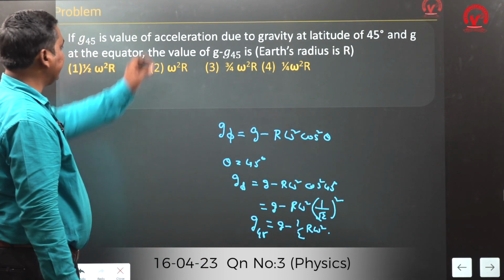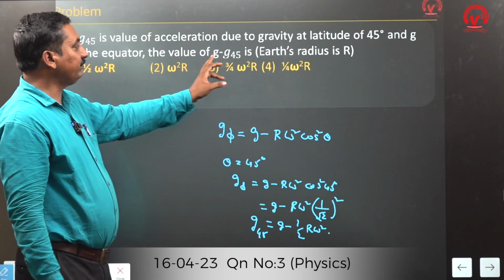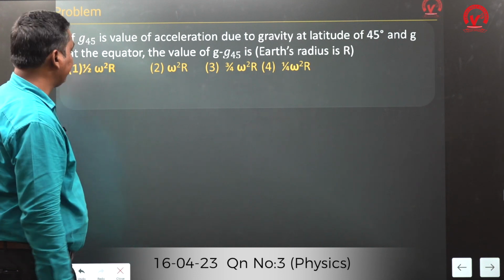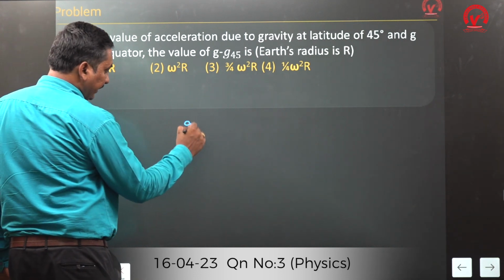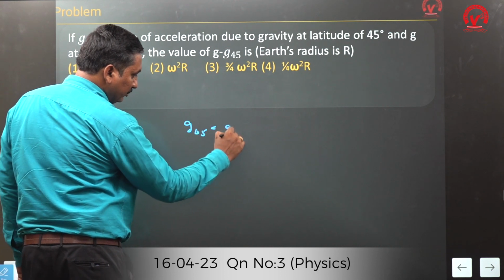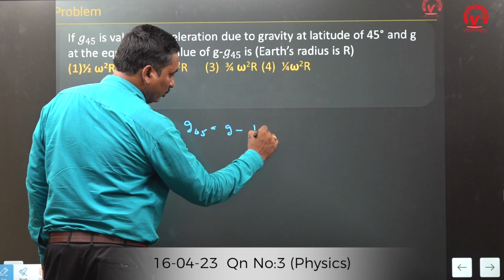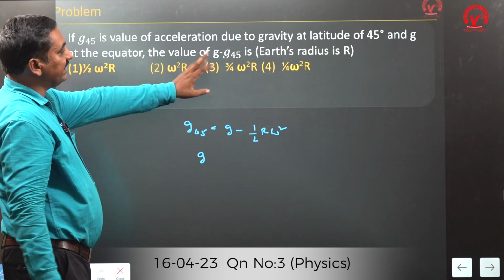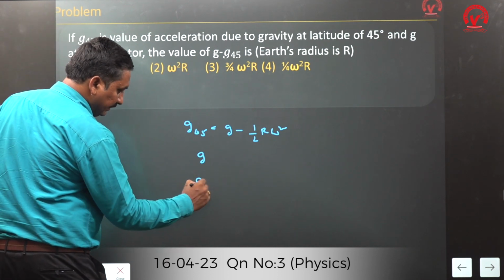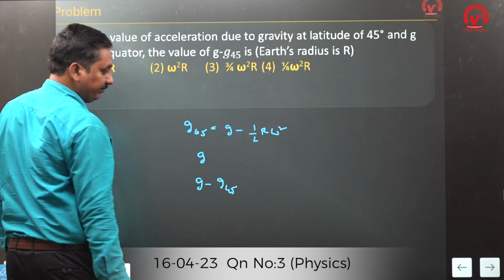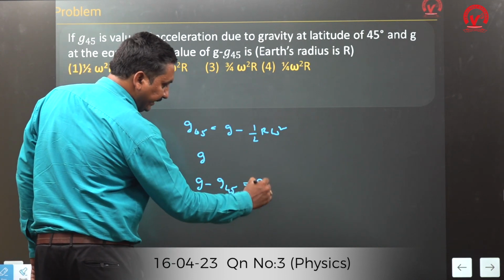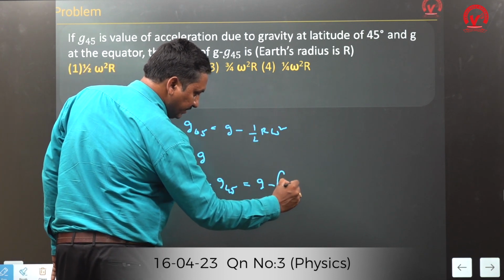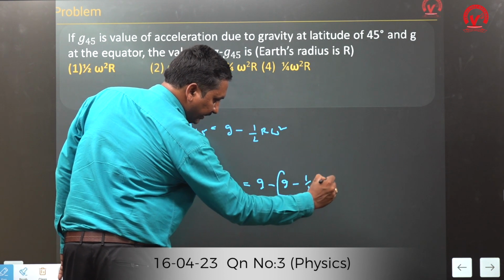Right. In this question they are asking the value of g minus g45. Here g45 is equal to g minus 1 by 2 R omega square, and the difference is what they are asking. So we take g minus g45, that is g minus of g45. g45 means g minus 1 by 2 R omega square.